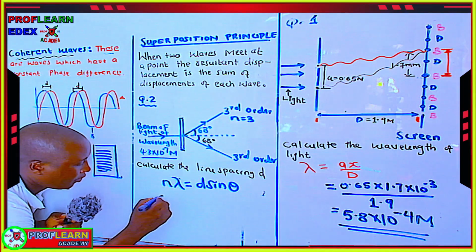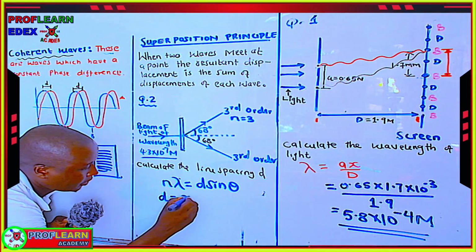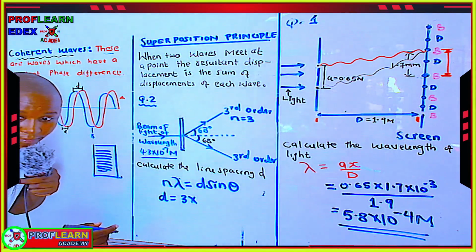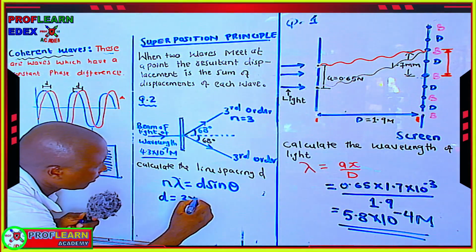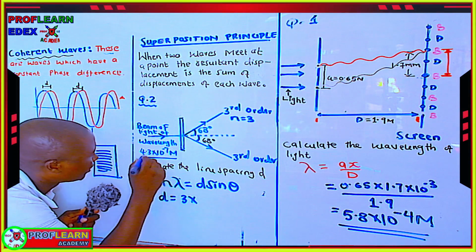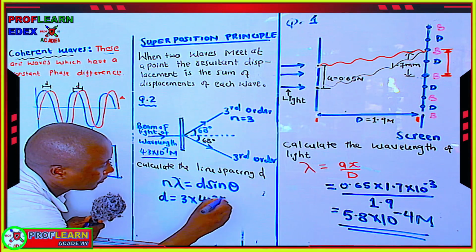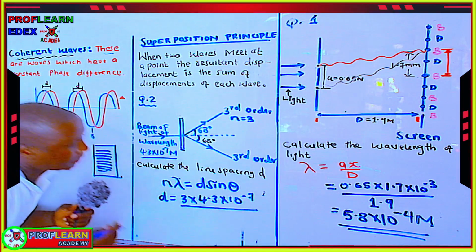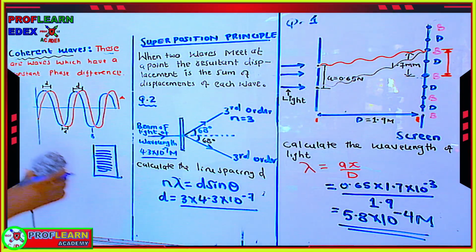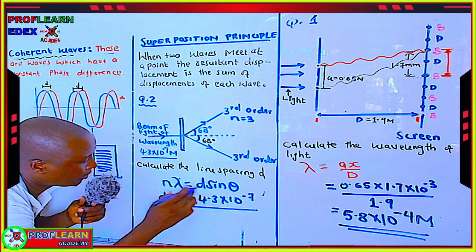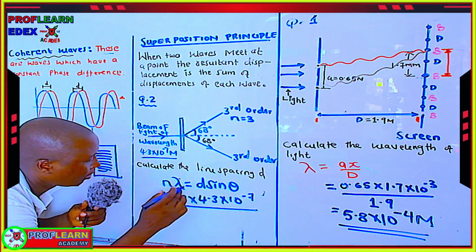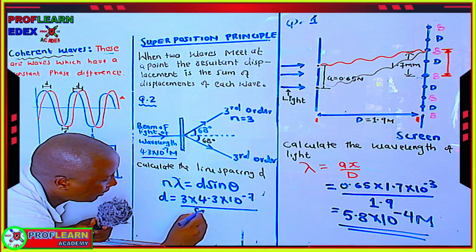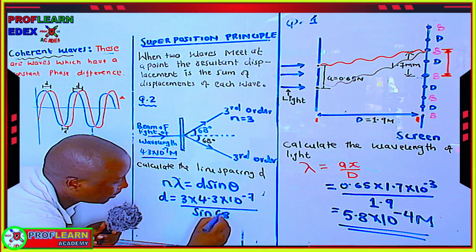So if we are finding d, we are going to say 3, because the order is 3 for this particular angle that we are given, times lambda, which is 4.3 times 10⁻⁷, divided by sine theta. I'm trying to make d the subject, so d is equal to n lambda divided by sine theta, and in this case sine theta is sine 68.